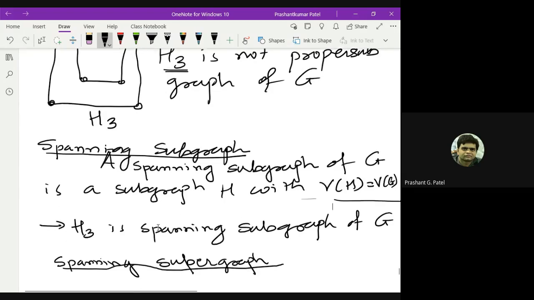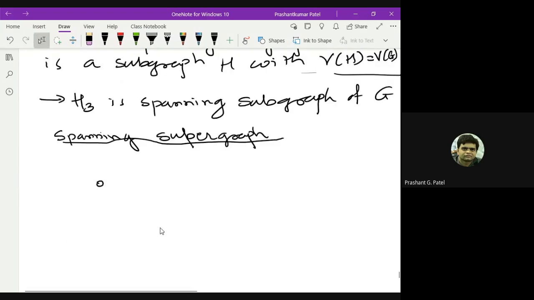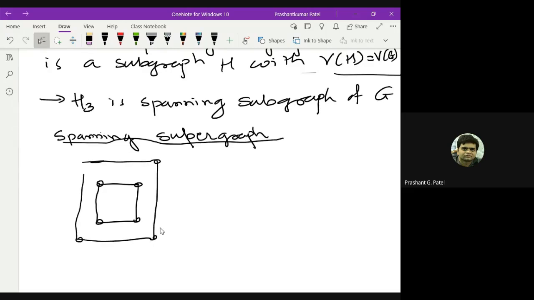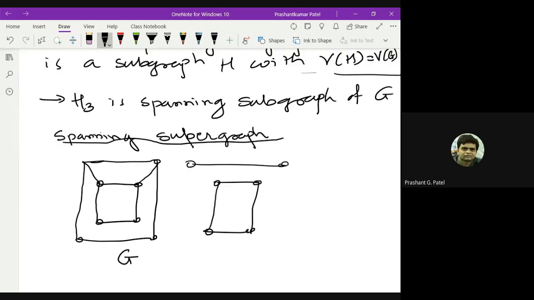For example, if this is my original graph G, this is the graph G I'm considering. Now what is the spanning supergraph? These many vertices have to be there. There are 8 vertices here, so the 8 vertices have to be there.